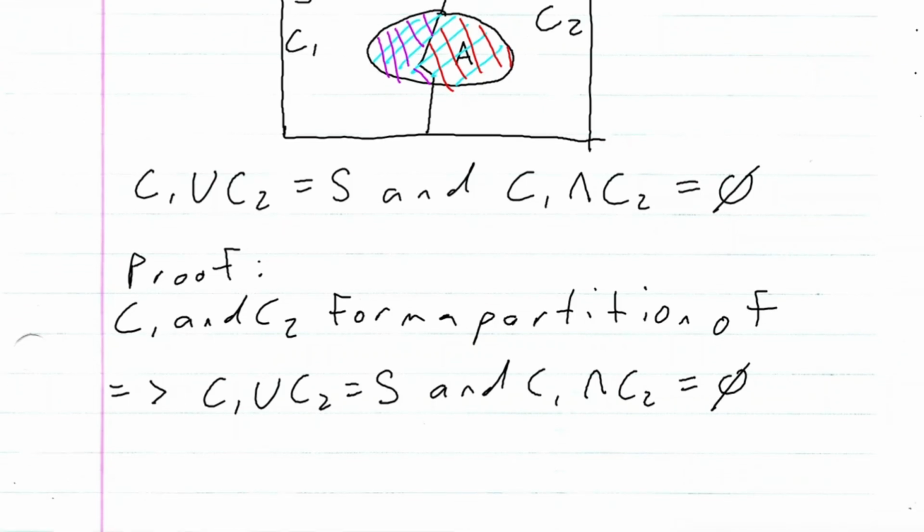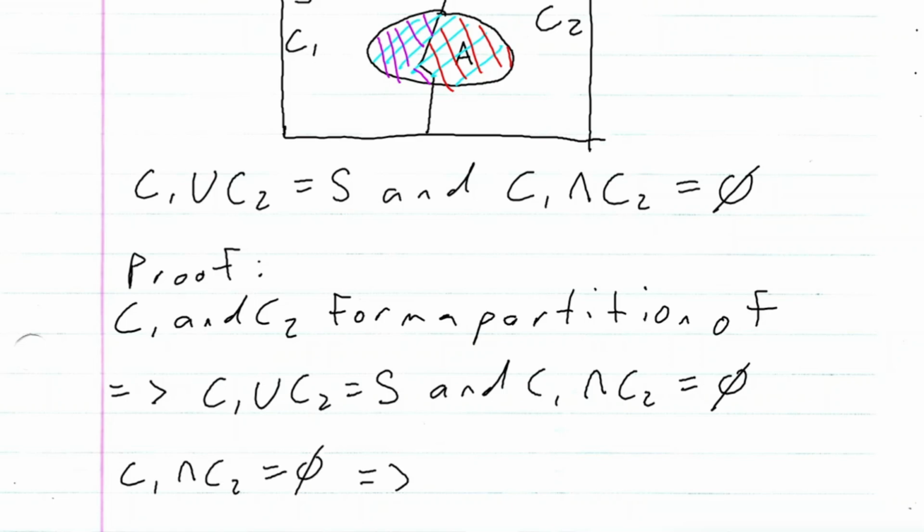Well, I know that if C sub 1 intersection C sub 2 is equal to the empty set, then surely, so let me actually write that here. So I'm going to use this piece. C sub 1 intersection C sub 2 equals the empty set.